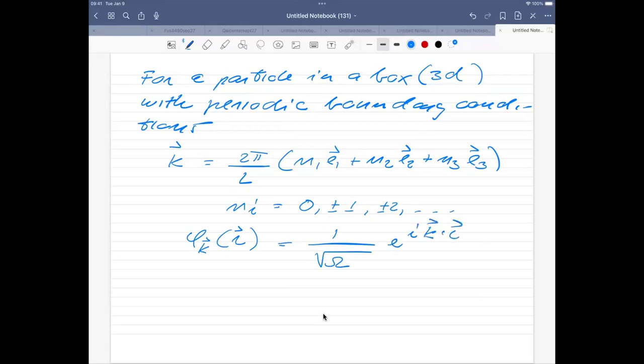As I said, I'm not going to go through the derivation of the solution for many particles in a box which do not interact. So this is the wave function, and when I act with the kinetic energy on this function of r, the energy is given by h bar squared times k squared divided by 2m, multiplied by phi k of r.